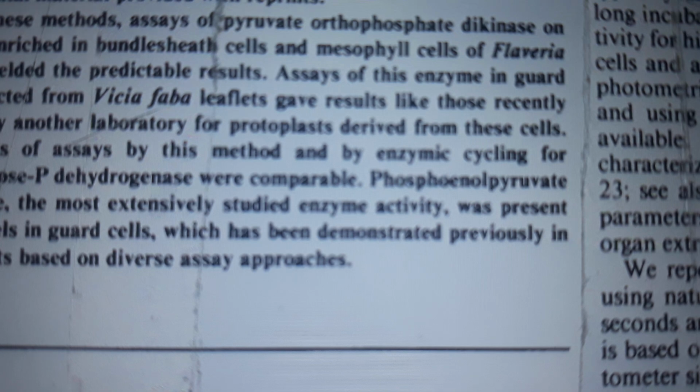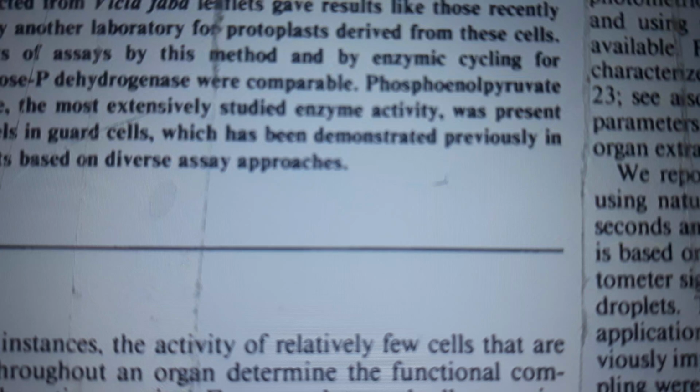With these methods, assays of pyruvate orthophosphate dikinase on samples enriched in bundle sheath cells and mesophyll cells of Flaveria brownii yielded the predictable results. Assays of this enzyme in guard cells dissected from Vicia faba leaflets gave results like those recently reported by another laboratory for protoplasts derived from the cells.